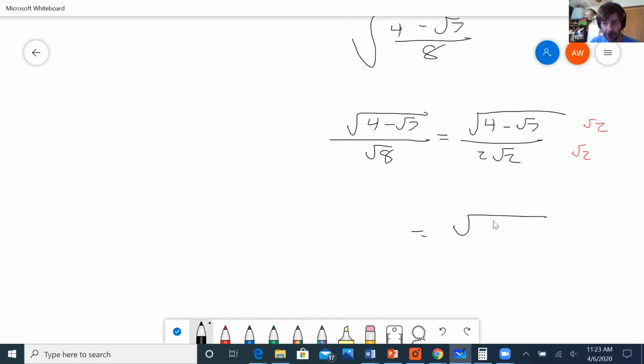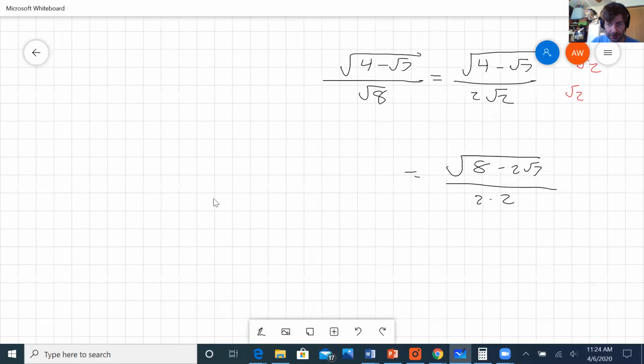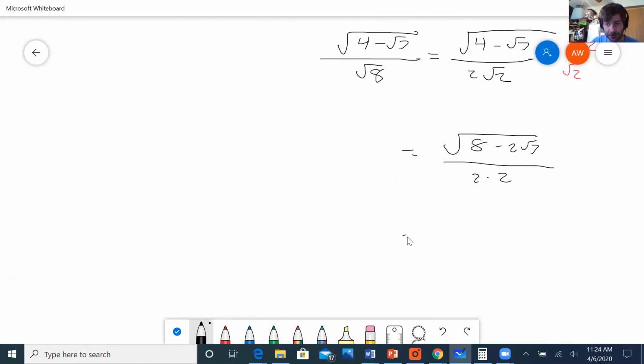So that's going to be root 8 minus 2 root 7 over 2 times root 2, which is 2 times 2. And there's my answer. No radicals in the denominator.